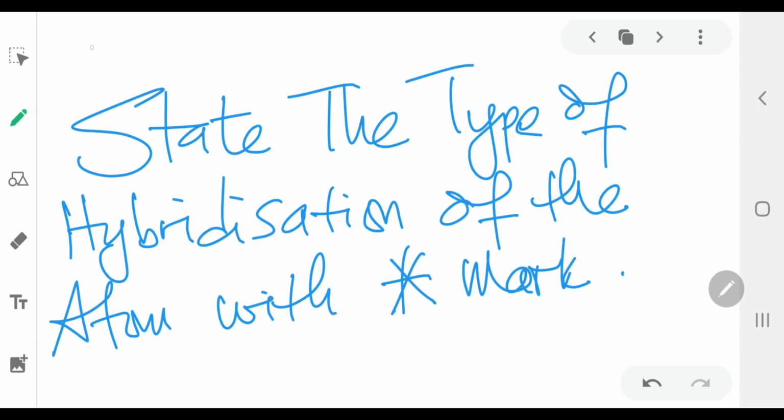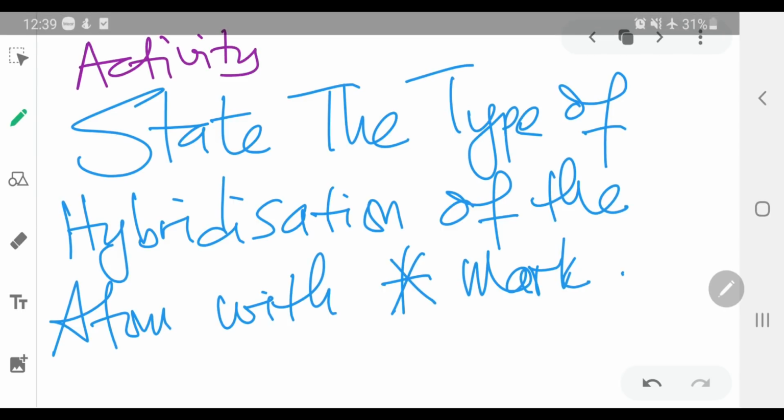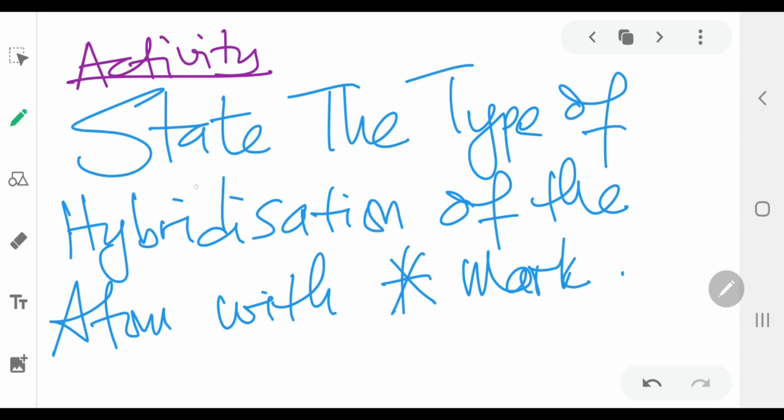Now, so let's try to do this activity right over here. Okay, so let's say this is activity. States in exams, when they want you to state the type of hybridizations of the atom, you don't have to show your work.